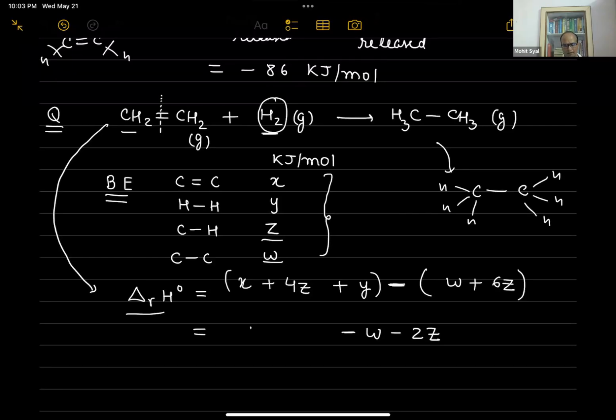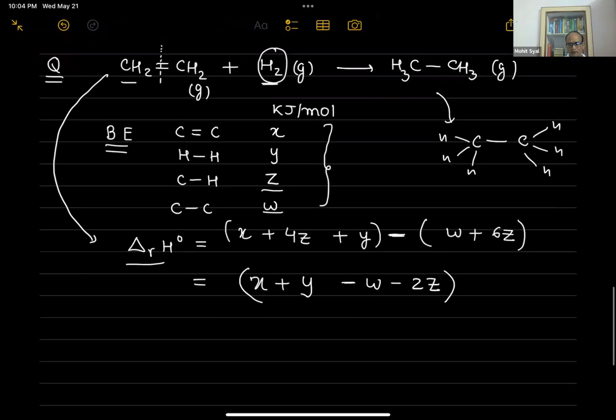On the product side, you do not have hydrogen. So this is going to be the final answer. They will give you the numerical values, put them in, and take all the bond enthalpies to be positive. Got it? Is it clear?